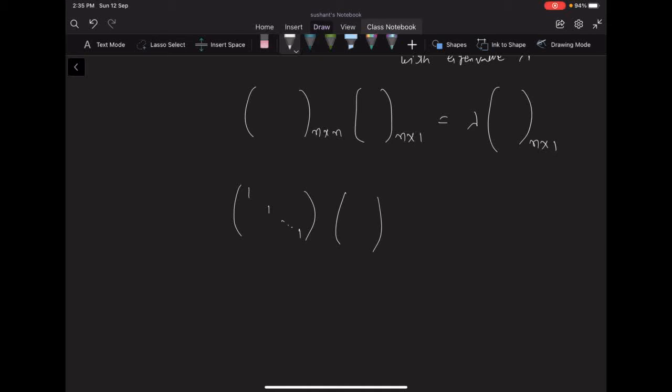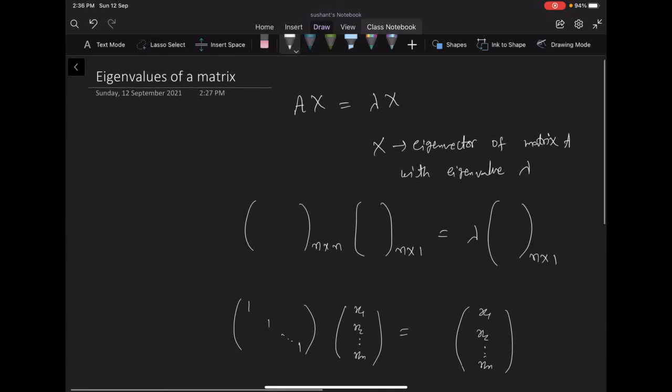When it acts on some column vector, say x1, x2, xn, we get the same column vector on the right hand side by matrix multiplication. So any column vector x we can write as I acting on x. This we use in the above equation.